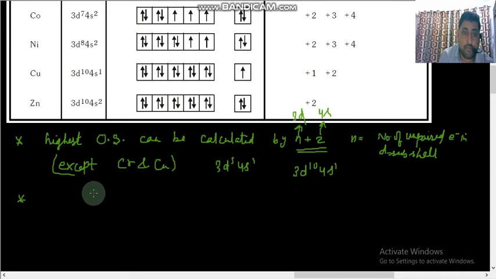So we were discussing the oxidation states, variable oxidation states.